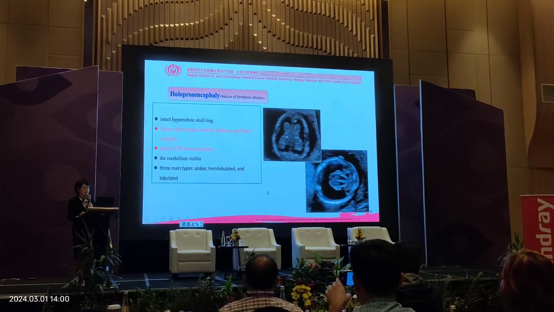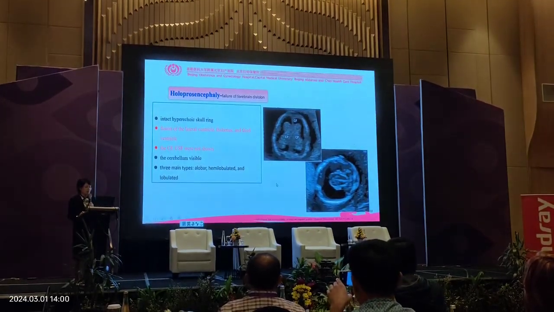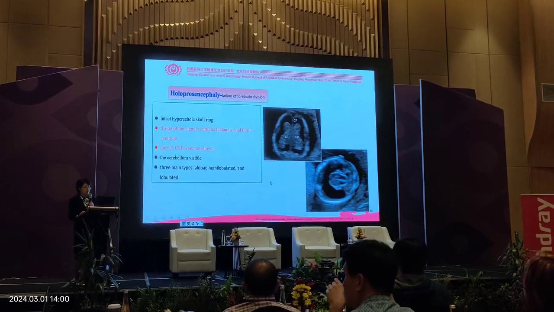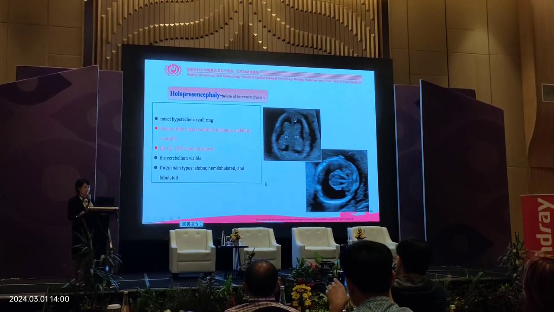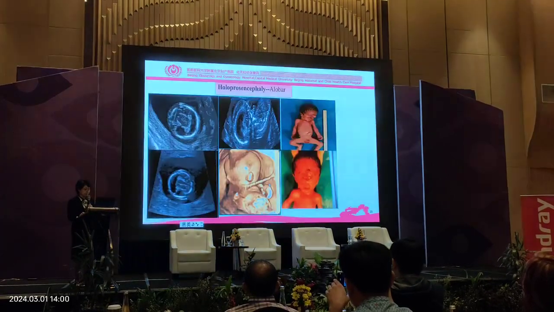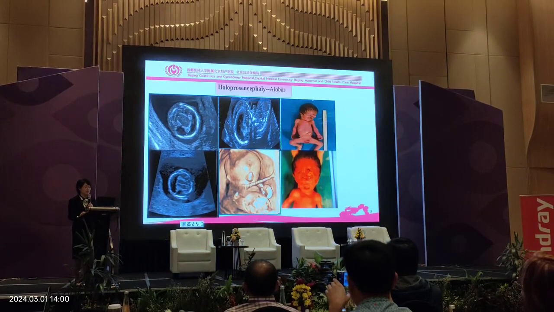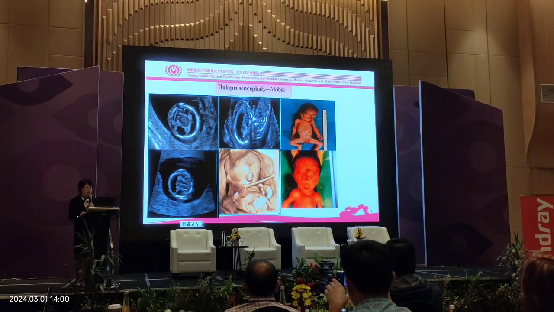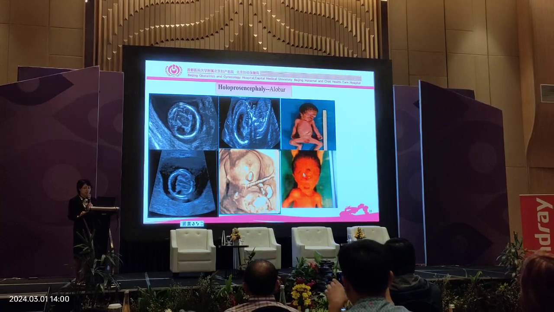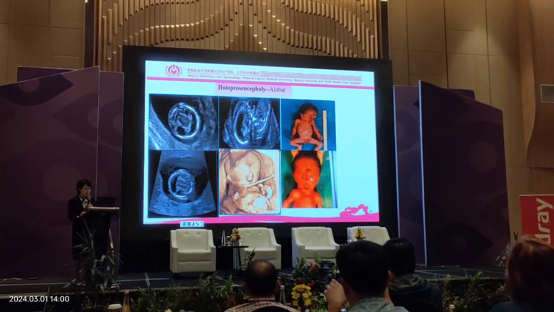So holoprosencephaly is a failure of brain division. There are three main types: alobar, semilobar, and lobar. The alobar is the most severe, usually accompanied by facial anomalies, such as cyclopia, like this, proboscis, and eyes very close.